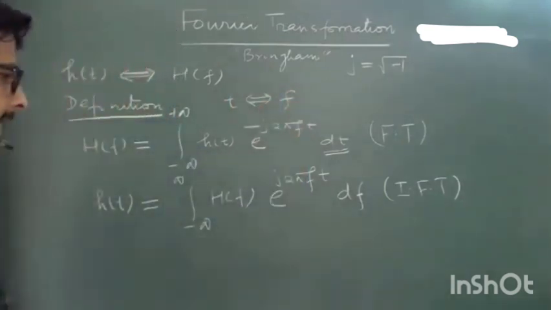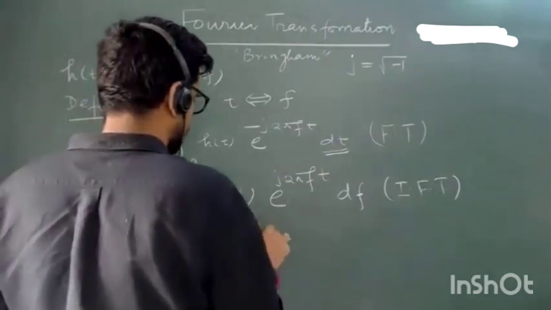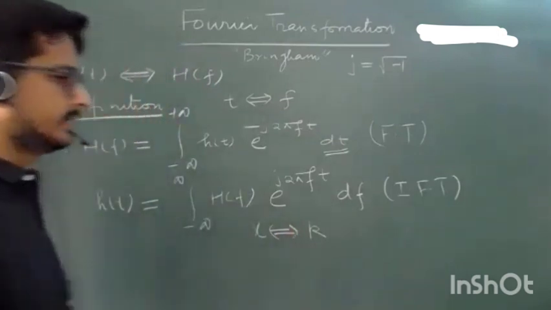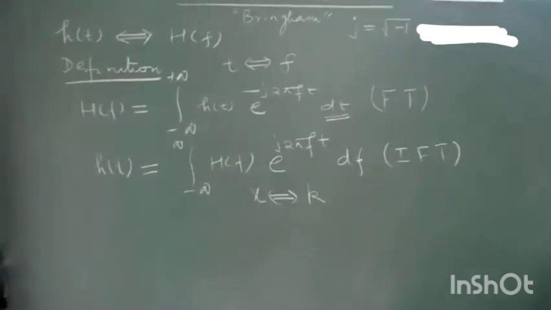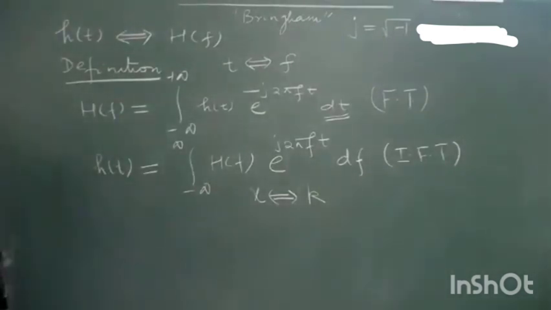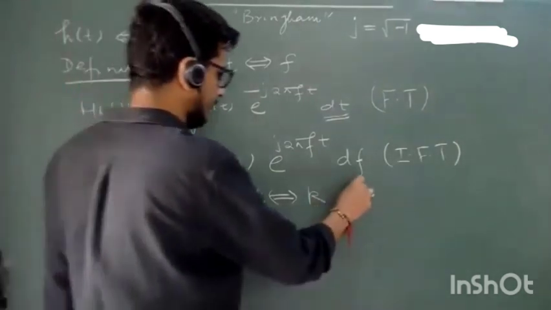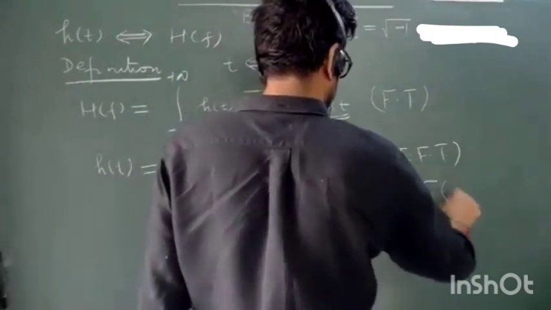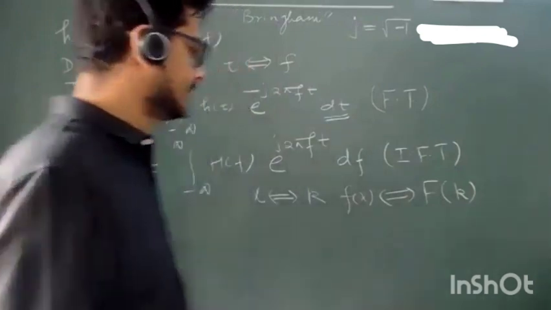It was like this. And if I write the other one, going from x space to k space, that means position space to k space, then what will be the formula? That also we should write. Suppose I write f(x) and going there I write capital F(k). So this is the real space, this is the Fourier space.